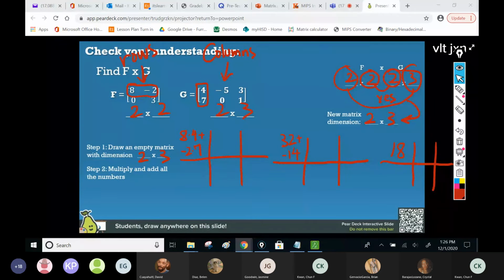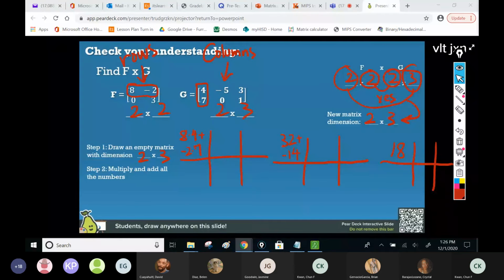When your matrix is kind of messed up, you have too many rows. All right, can you guys keep going and see if you can figure out the rest?